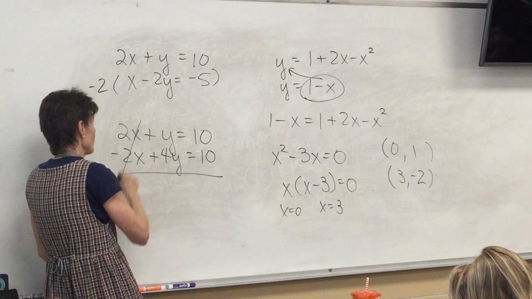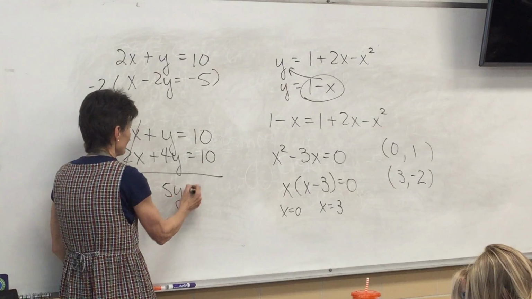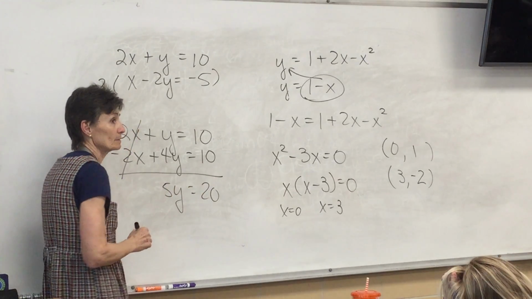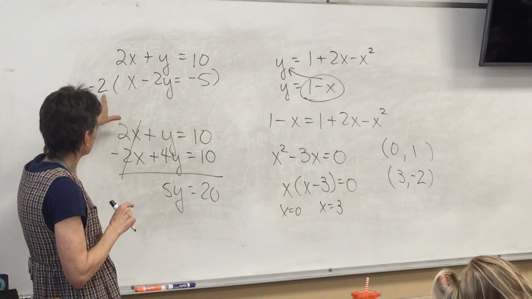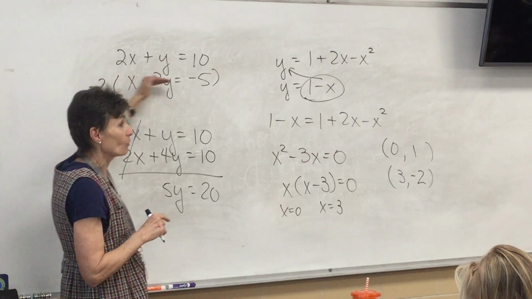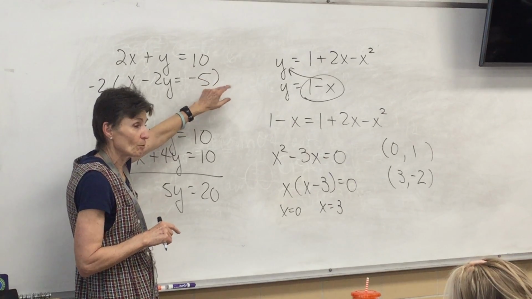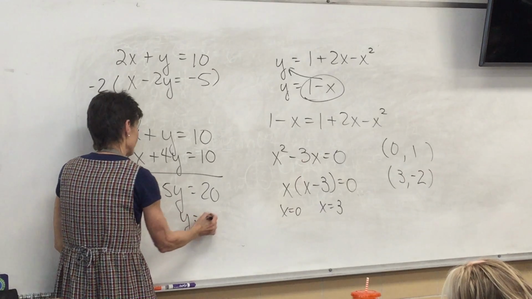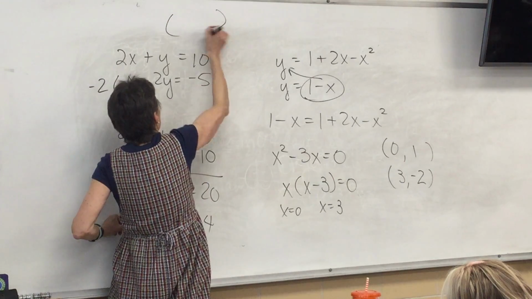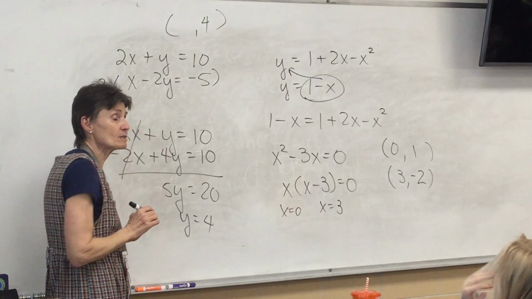All right, so what am I left with when I add? I got 5y equals 20. When you do this, guys, remember that when you multiply by -2, it's all the way across. Don't forget, you're multiplying everything by -2. All right, so y is 4. So I'm going to get one ordered pair, and the y is 4.